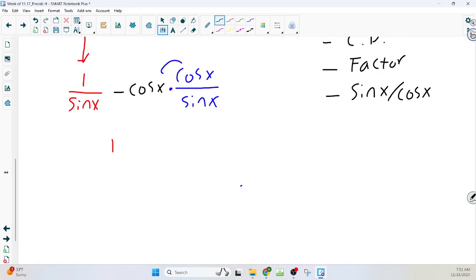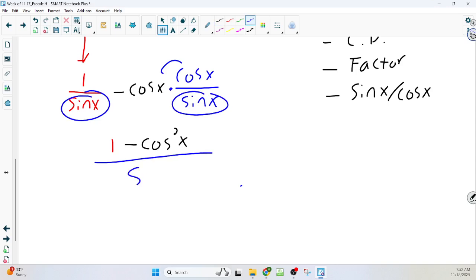You'll have 1 minus the cosine squared of x all over, these guys are both sine, right? So that's the common denominator, sine of x. Now you look for it and you say 1 minus cosine squared. So we have the important identity up on the board here.